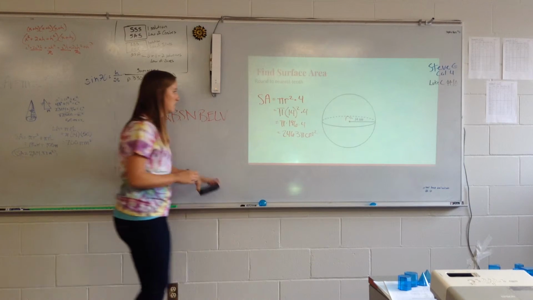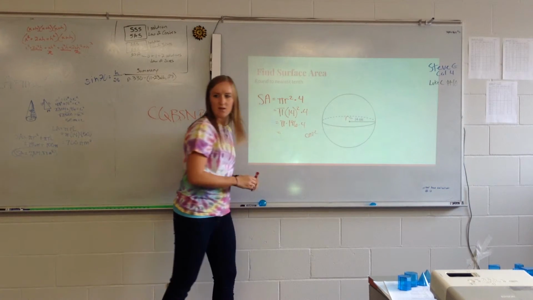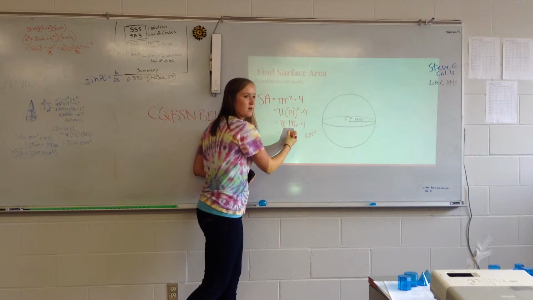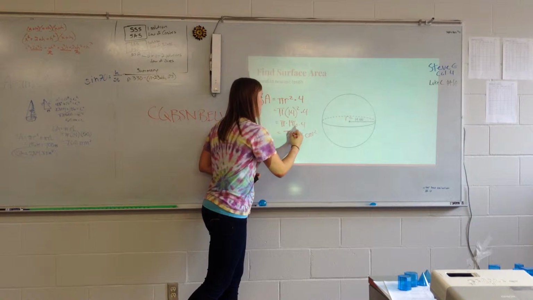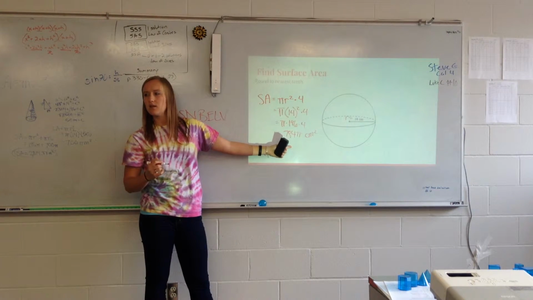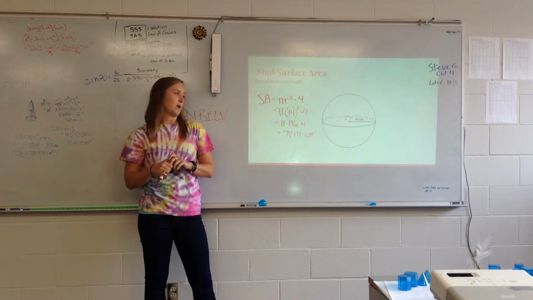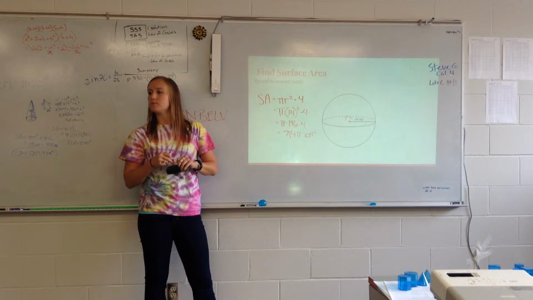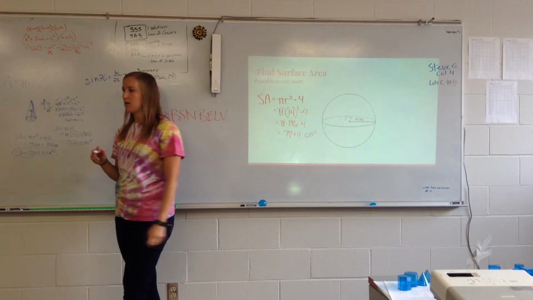What's it with pi then? 784 pi, so that's the exact. Now, round this. Round to the nearest 10.